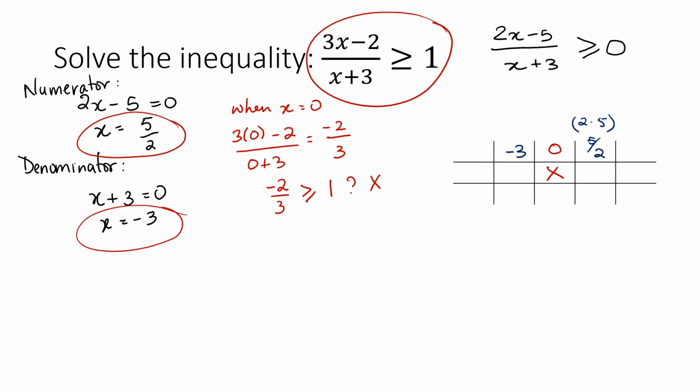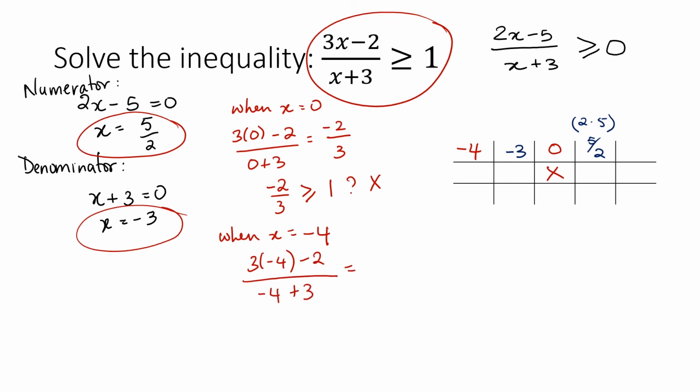Let's look at our next value. We need a value that is less than -3. A value less than -3 is -4. Again, just picture your number line. So when x equals -4, 3 times -4 minus 2 over -4 plus 3.